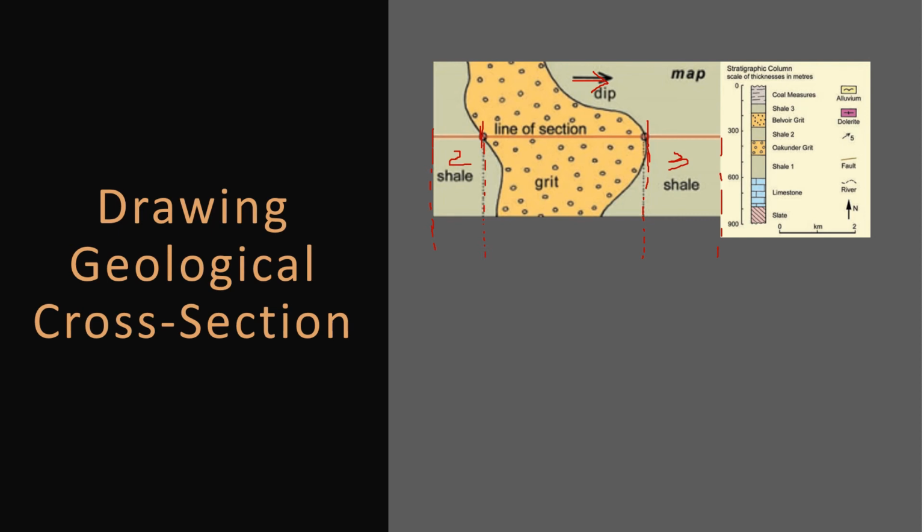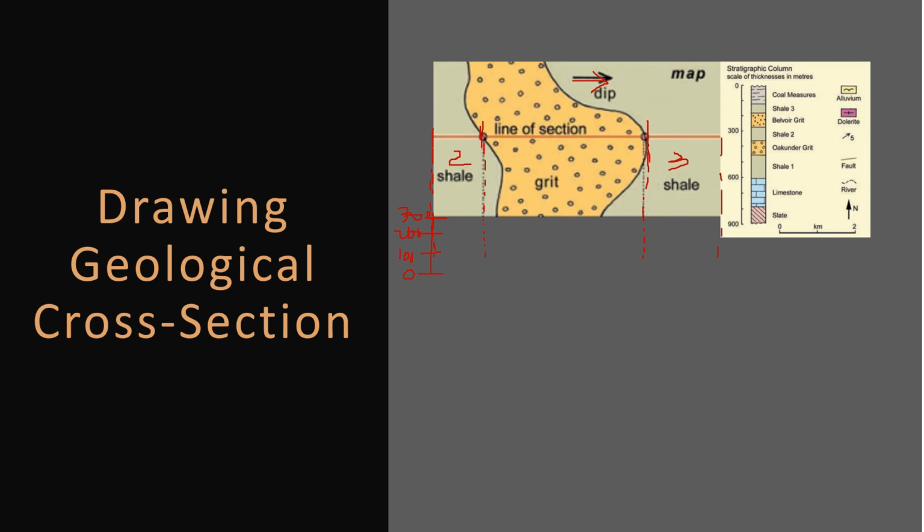The thickness of our shale 3 is about 50 meters, estimated. Let's say this starts with 0, and this is 100, this is 200, and this is 300.